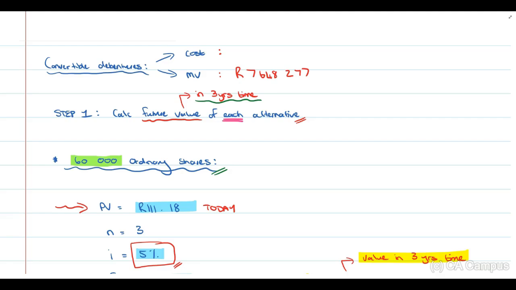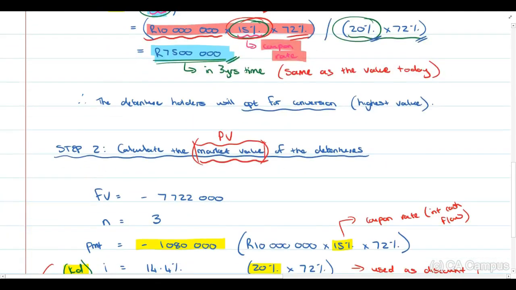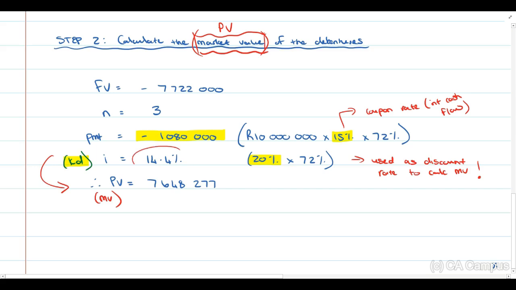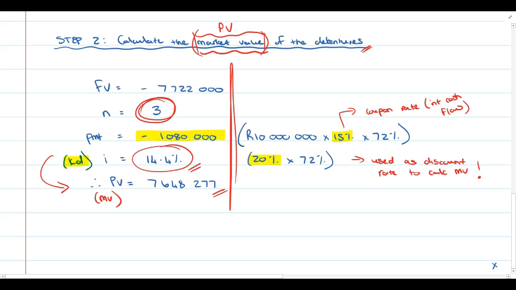So you can't include the cost of debentures of 14.4% as your cost for the debentures, because they will only be debentures for the next 3 years. So this cost is only applicable for the next 3 years. You must use it when calculating your present value, because over here we are only looking at the next 3 years. So for the next 3 years, we use the cost of the debentures.